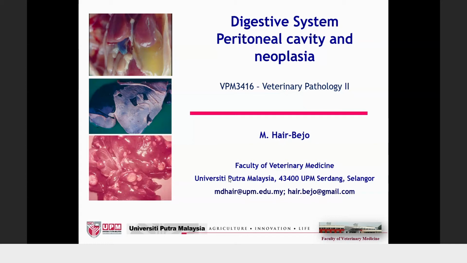But please remember that apart from the abdominal cavity, diseases of the GIT might also interfere in the thoracic cavity, because when there are abnormalities of the esophagus, particularly a perforation, there might be leakage of the esophageal content into the thoracic cavity, which can lead to lesions there.